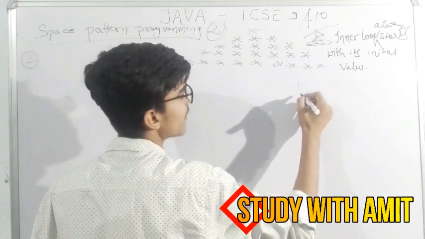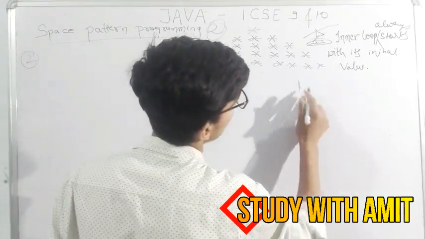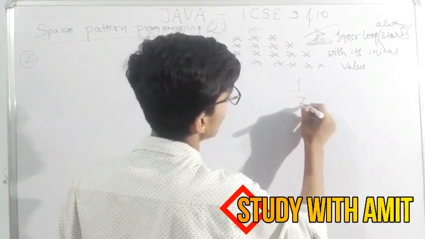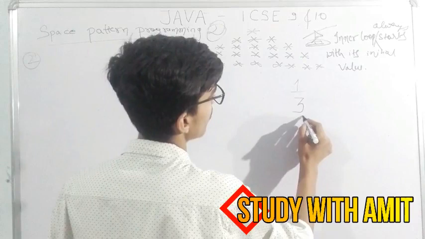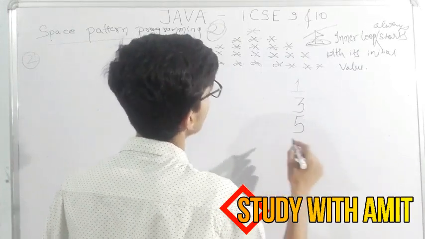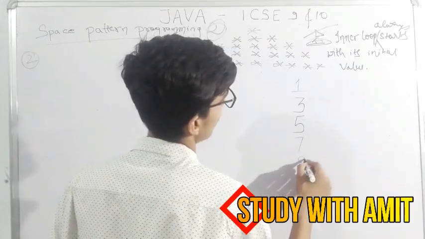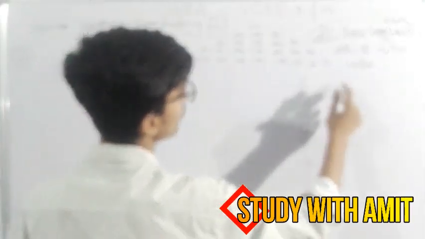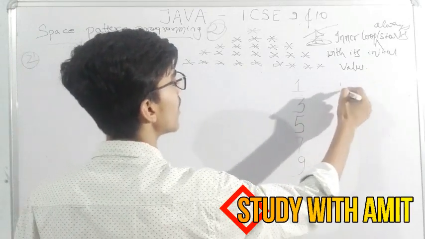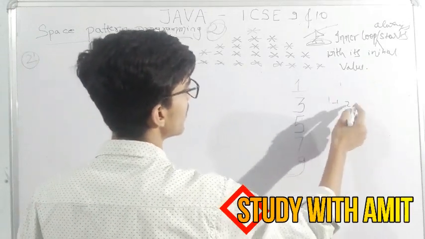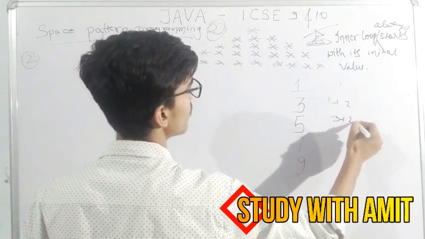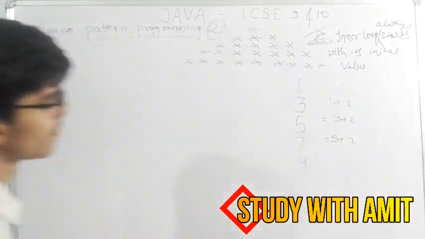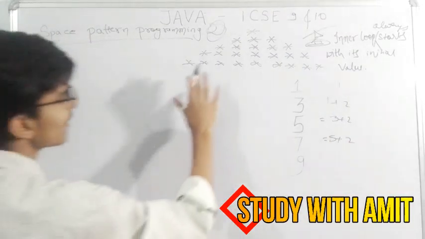If we write 1, then 3, then 5, then 7, and after this 9, we see there is an increment of 2: 1 plus 2 is 3, 3 plus 2 is 5, 5 plus 2 is 7, and so on. Till 9 it has gone.